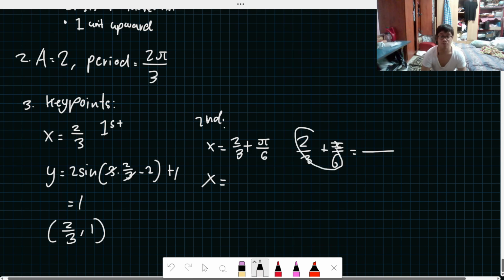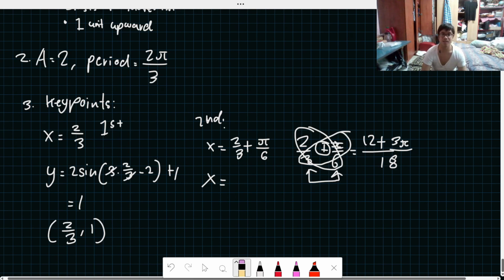So you have 2 times 6, 12. Copy the operation between them, so it's plus. Then cross multiply again: 3 times pi, so 3 pi. Then next, you multiply the denominators to get the denominator here. So 3 times 6 is 18.